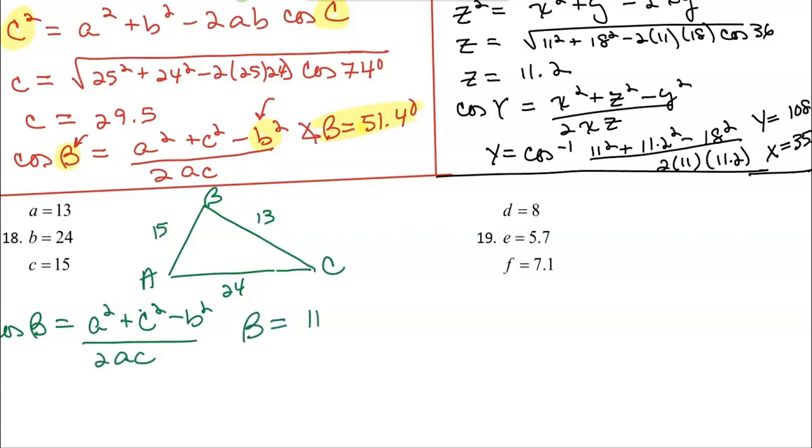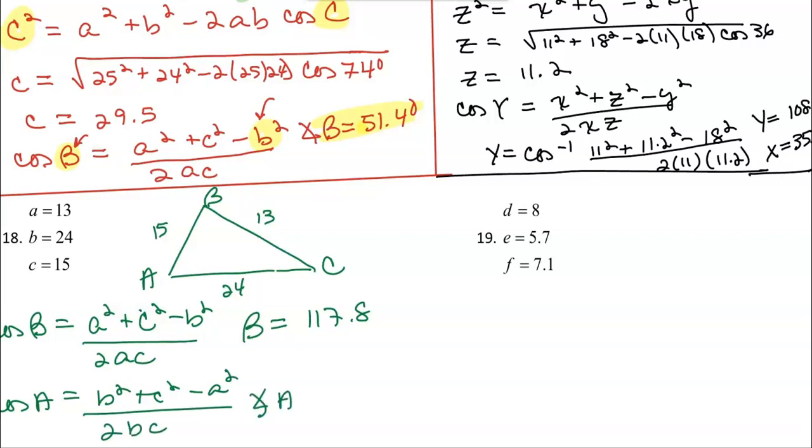Angle B ends up being 117.8. I do it again. Cosine of angle A is going to be b squared plus c squared minus a squared over 2bc, and I end up getting angle A equals 28.6. By subtraction, angle C will be 33.6.